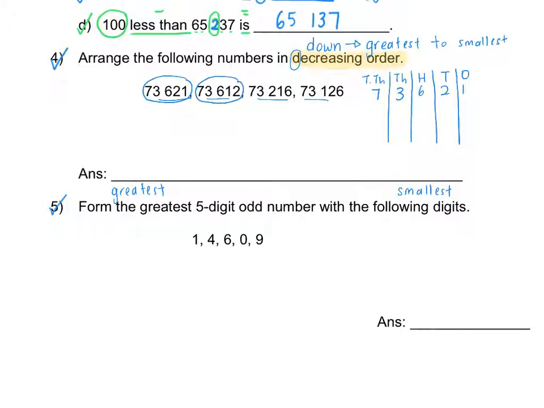Then let's put the second number into the place value chart. We have 73,612. The third number into the place value chart, we have 73,216. And finally, the last number into the place value chart, we have 73,126.